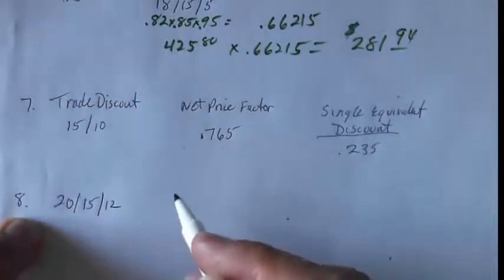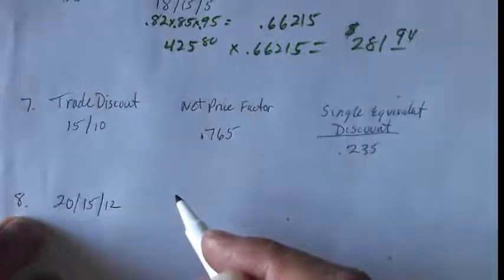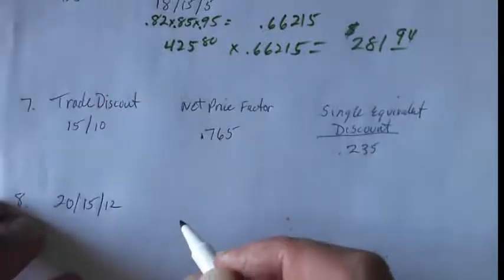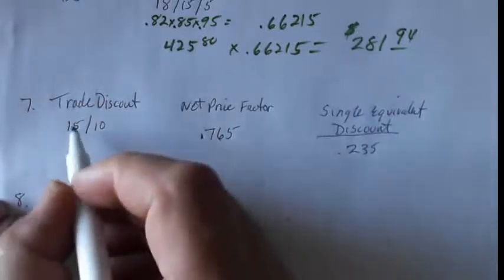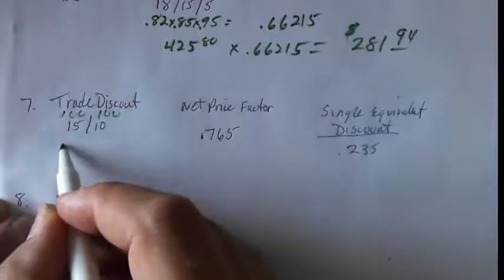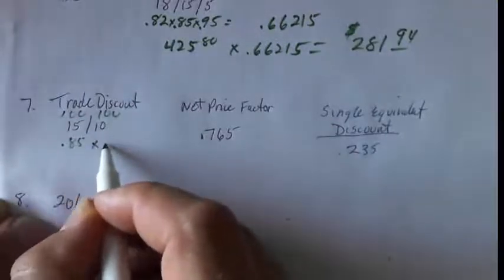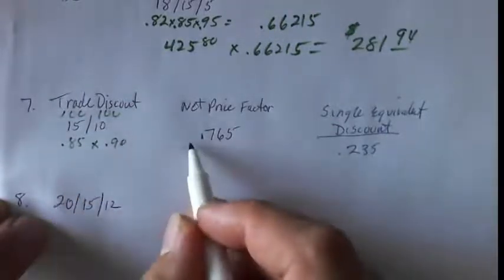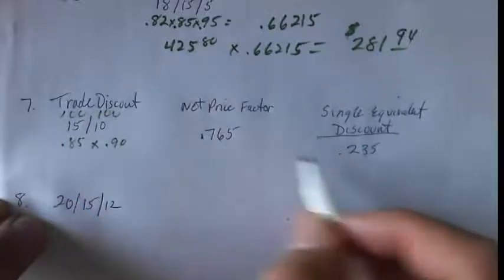So let's continue down here. They're asking you to do something a little different here. They're just asking you to find the single equivalent discount. And you do that by, let's start from the beginning here. They give you the trade discount. Remember, you have that 100, so then you would have 0.85 times 0.9 to get the 0.765.